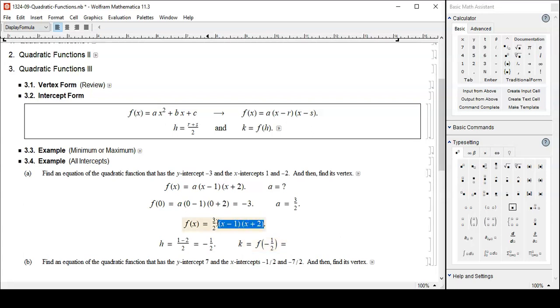So here, x is -1/2, and the a value is 3/2, as you found out, and that gives my k value. Let's see.